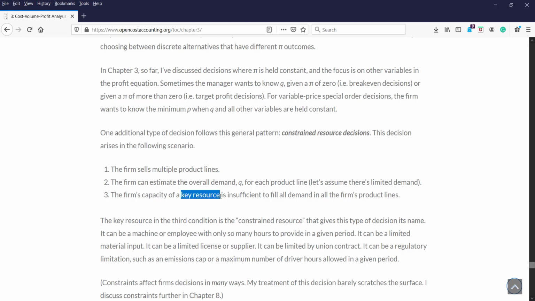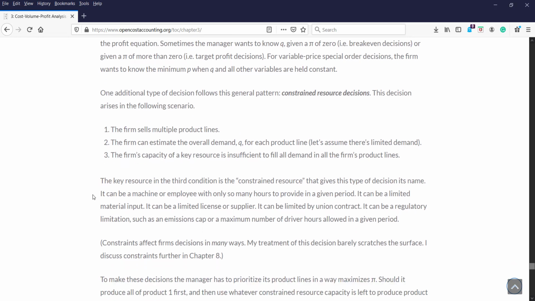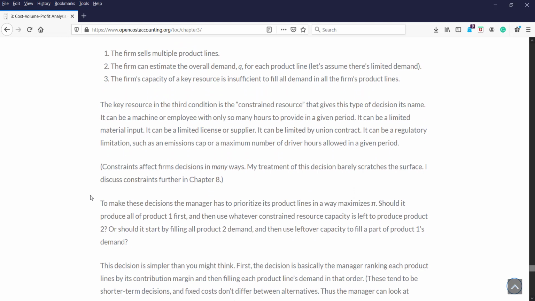So we have to get the biggest bang for our buck from our limited key resource, to get the most contribution margin and profit from our product lines, to fill as much demand as we can. So what we have to do effectively is rank order the products based on contribution margin per unit of constraint.